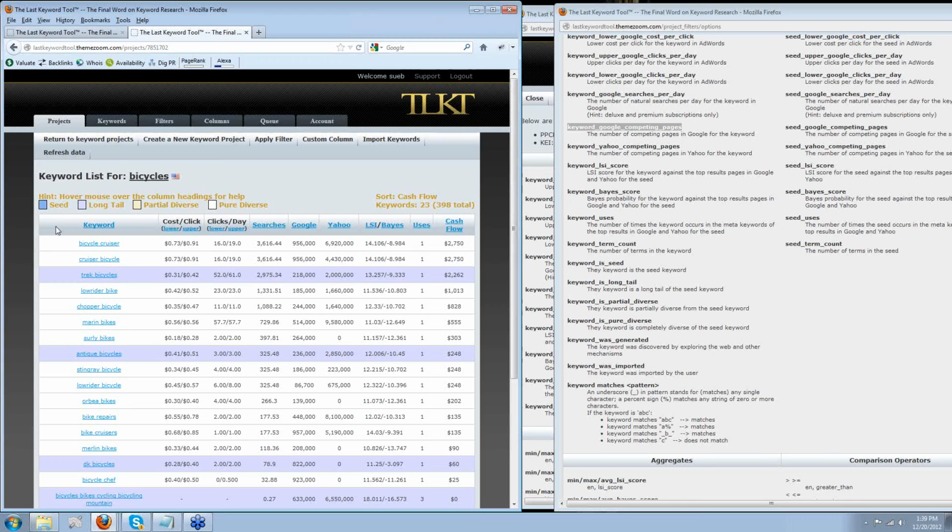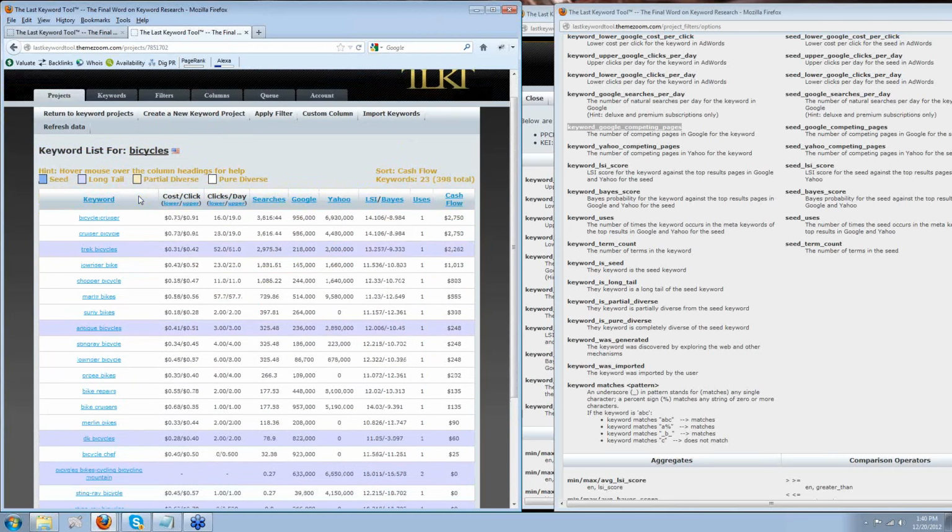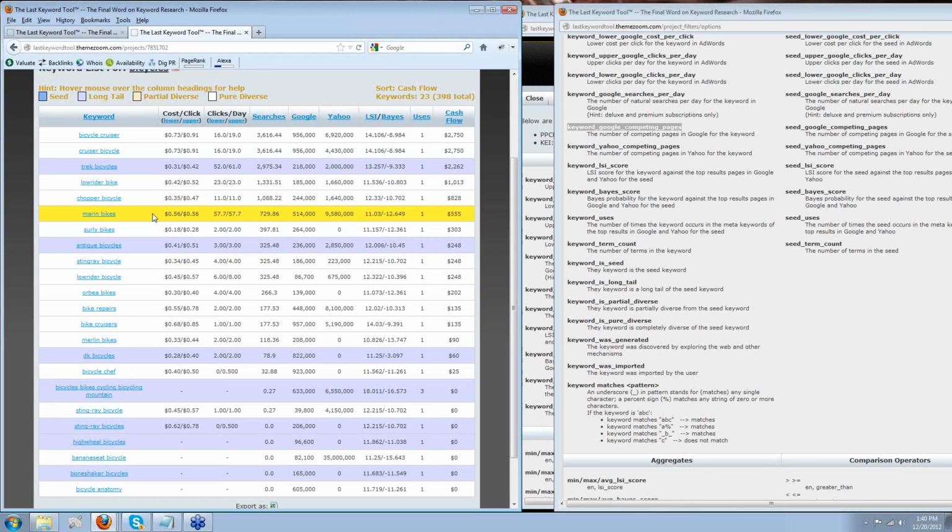So what I tend to do is I do my research on a national level, in other words, without any locale information, and then let's say that I'm happy with this keyword list. Actually, I would qualify this just a little bit more and get rid of these lower keywords here.